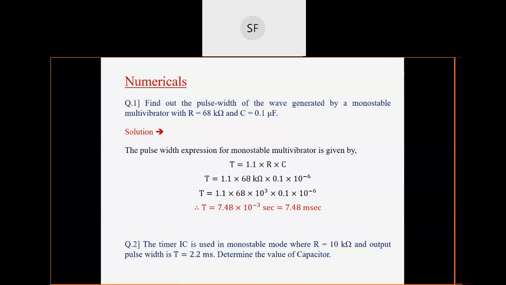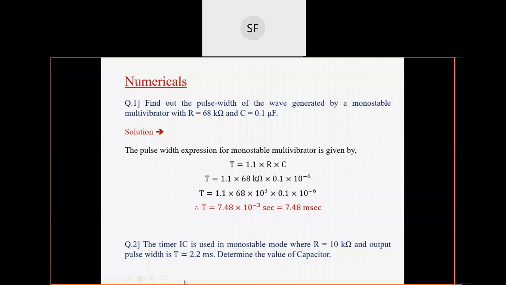Okay, very simple problems are there. I've just put these problems to get you familiar with the kilo, micro, milli notions.